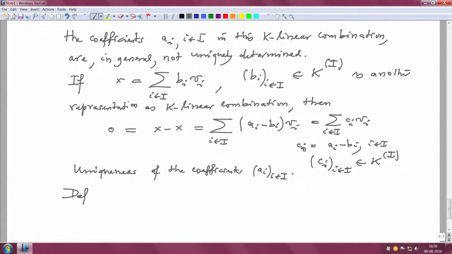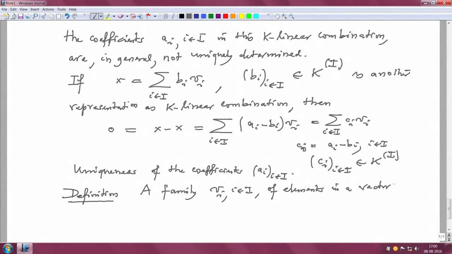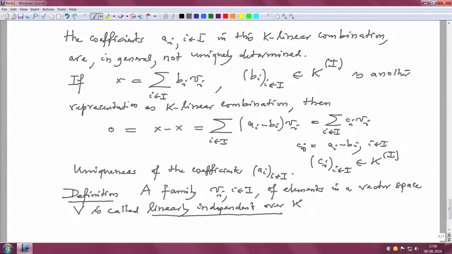Definition: a family v_i, i in I, of elements in a vector space V is called linearly independent over K if the following holds.